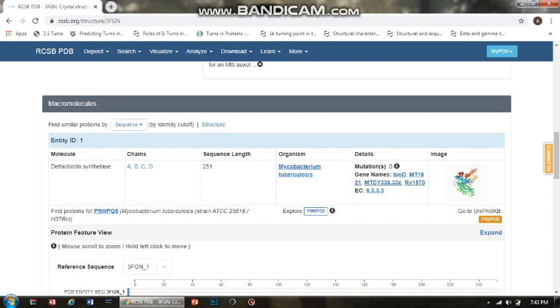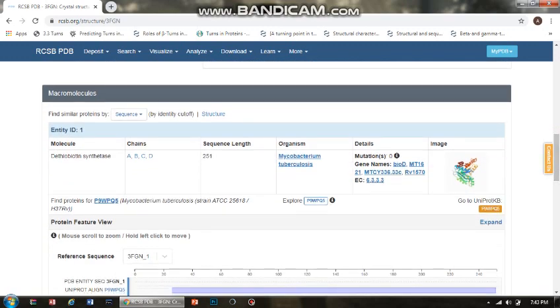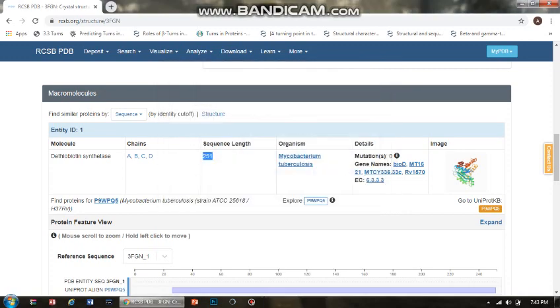It says that it has 4 chains, and earlier we observed that this protein has one unique protein chain, right? So it means that these 4 chains here have the identical sequence. It means that this protein is active in its tetramer form, and one chain has a length of 251 amino acids.